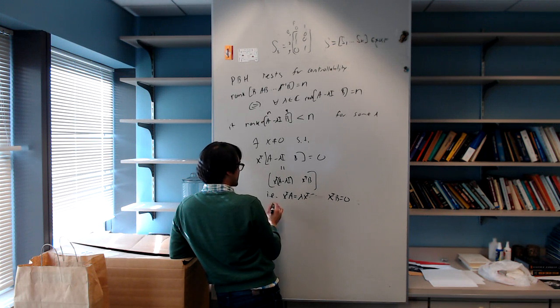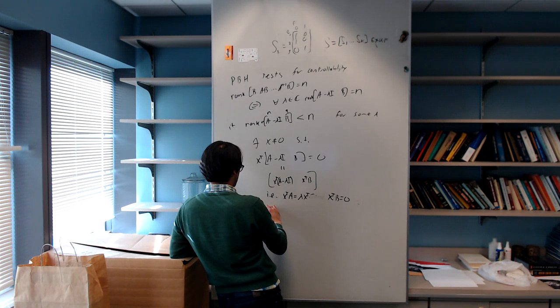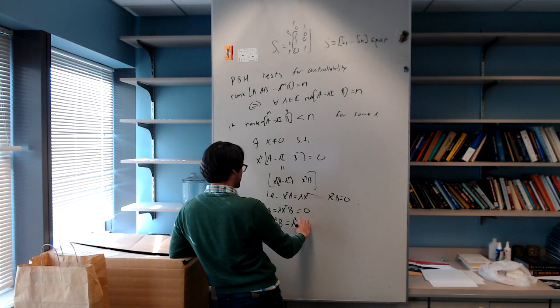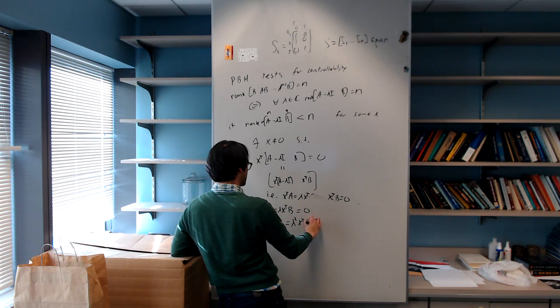And so this is going to tell us that x transpose AB is equal to lambda x transpose B, which is equal to 0. For x transpose A squared B, you just apply this equation twice to get lambda squared x transpose B equals 0.